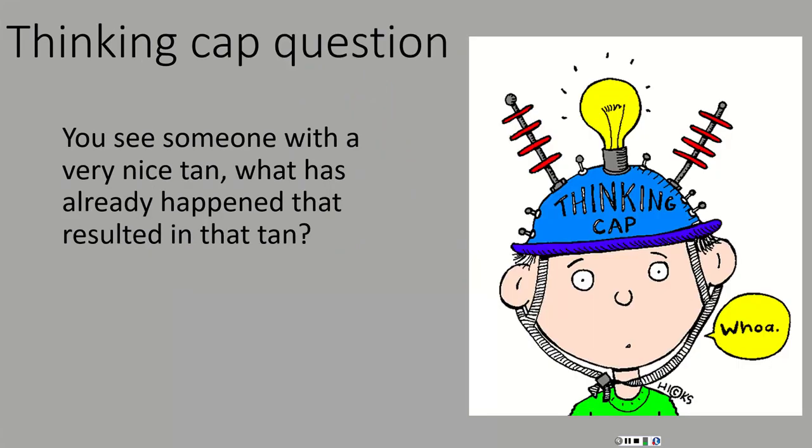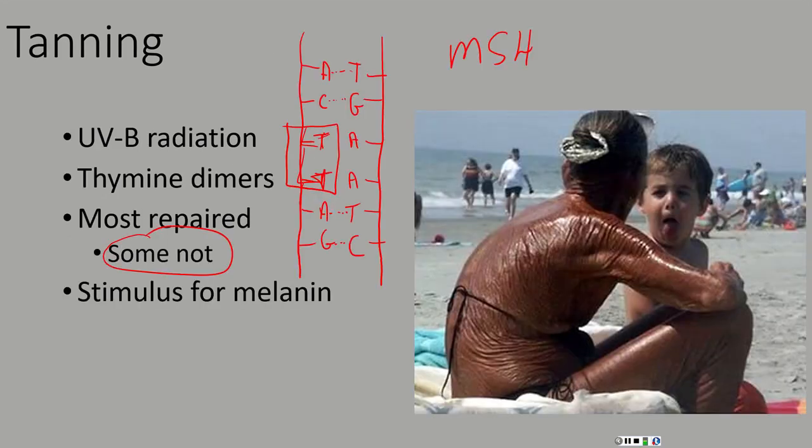So let's use that to answer a thinking cap question. You see someone with a really nice tan, but what has already happened that resulted in that tan? Well, if we go back to this, what has already happened before that tan occurs? We've just damaged our DNA.